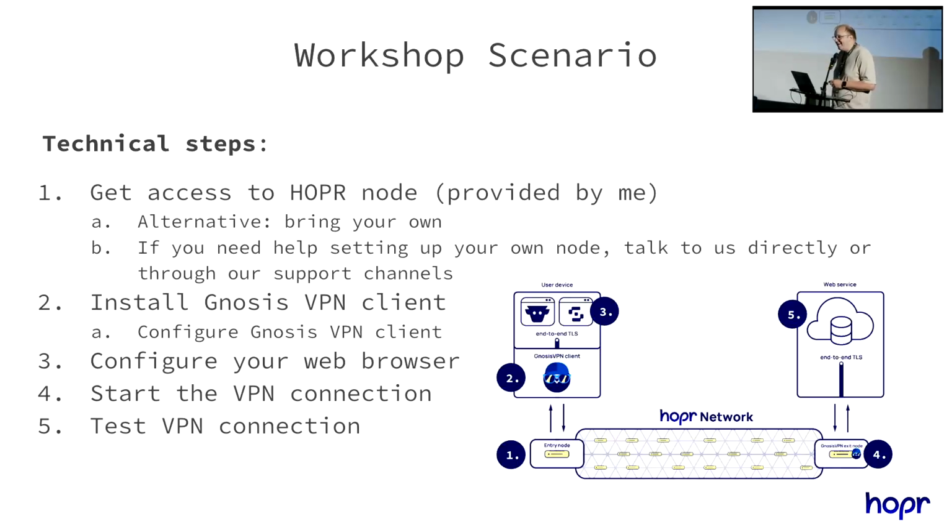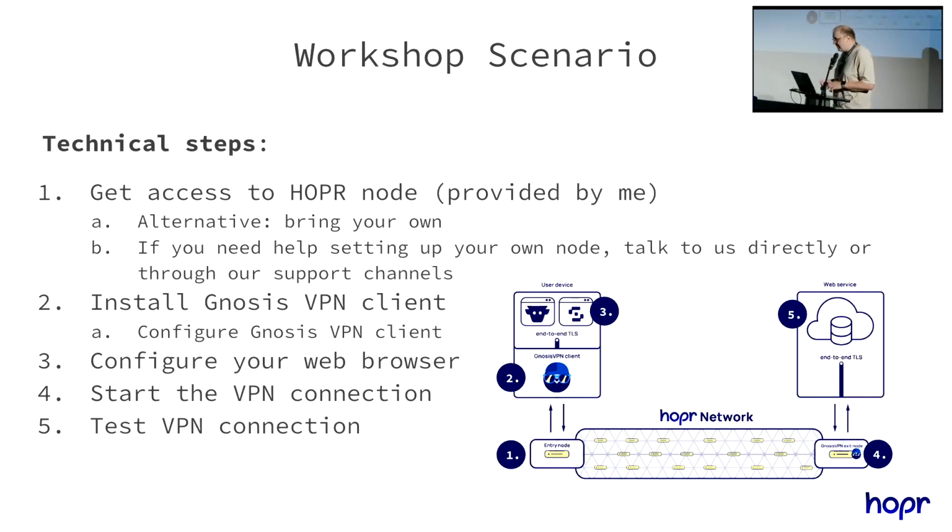And then, if you're excited about it and find this useful, you can set up your own HOPR node later, which I'm going to happily help you with also. So that is step number one, right? We need to get that entry node set up and accessible.